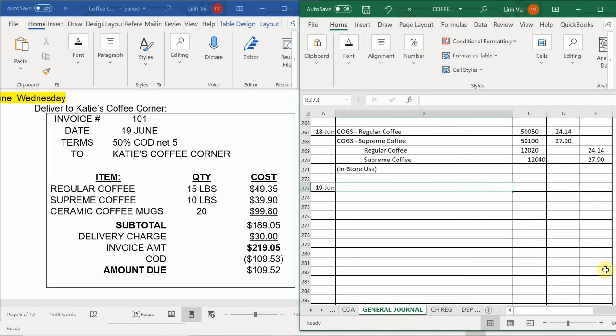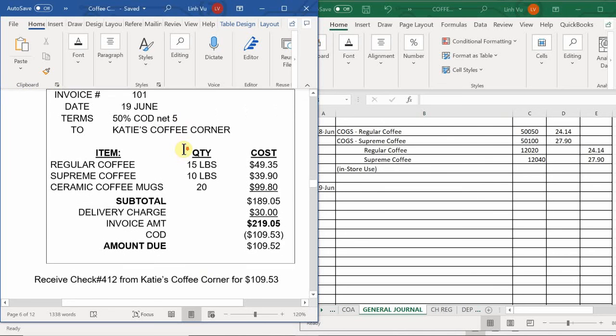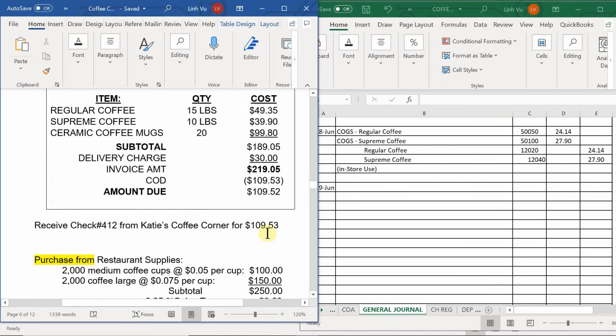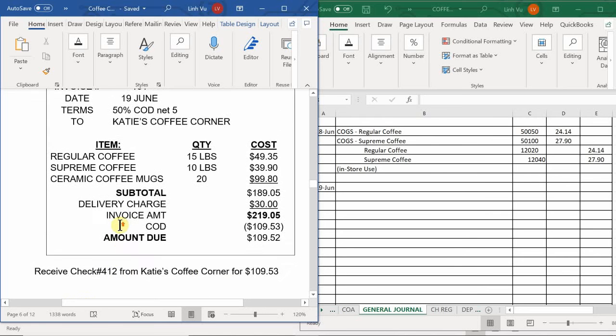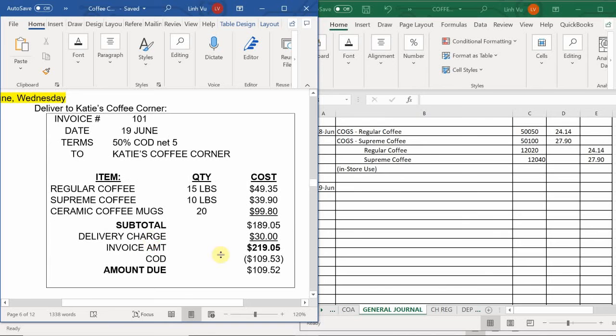Checking should be another one because she paid with check 412, right? Good, right? Because we said her terms was 50% COD, but the rest of it's going to be paid within 5 days. She did pay with check 412. Yes, right here down below says Katie also paid with check to us for 412.